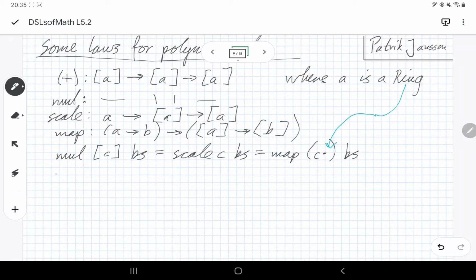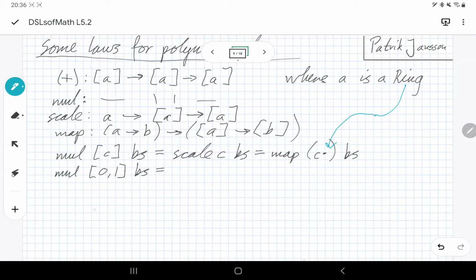Let's also see what happens if we want to multiply by another special list, the list 0, 1. Well, remember, what is 0, 1? That's actually a representation of x, or the identity function. So the constant coefficient is 0, the coefficient in front of x to the power of 1 is 1. So this is multiplying the BS represented polynomial by x. So let's just make a very simple example down here to get a feeling.